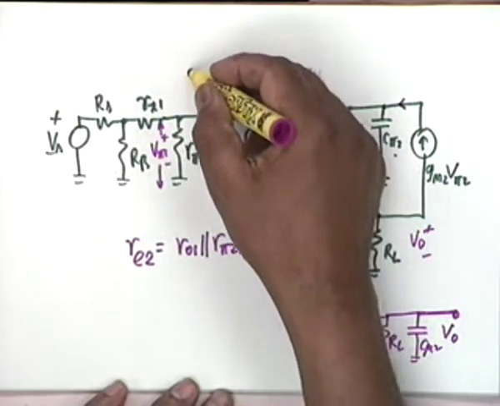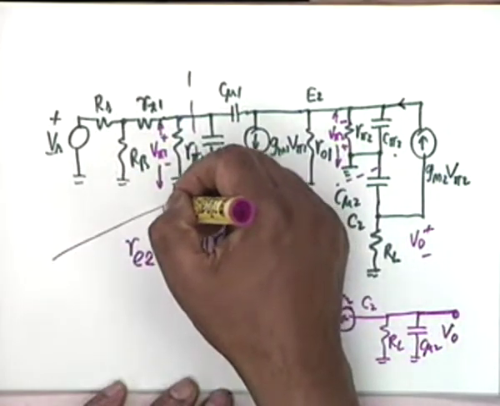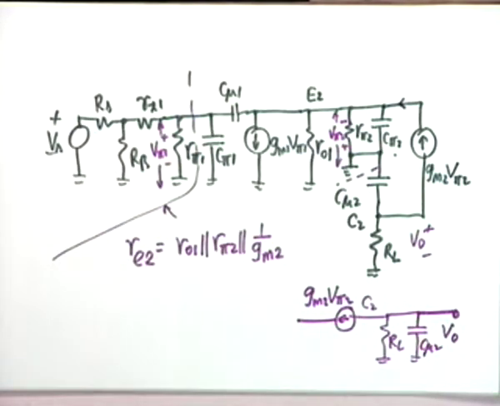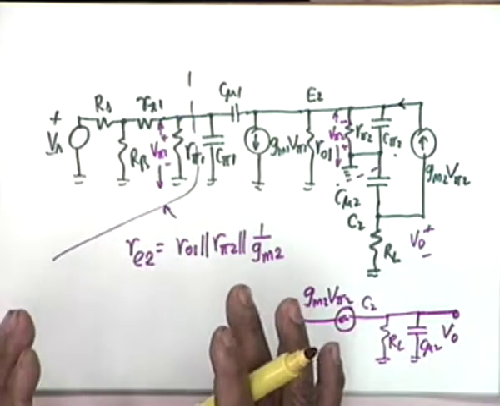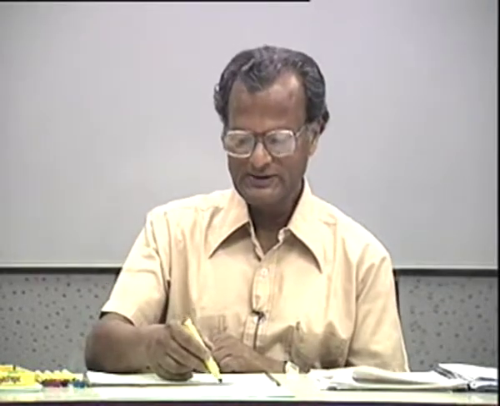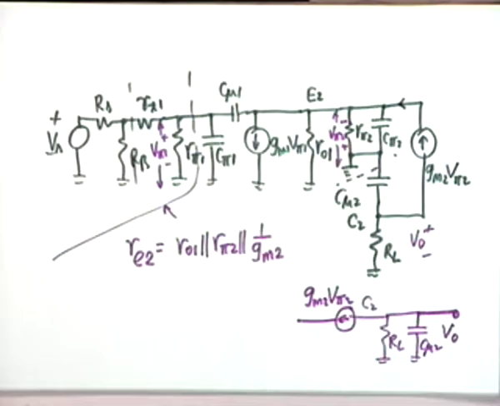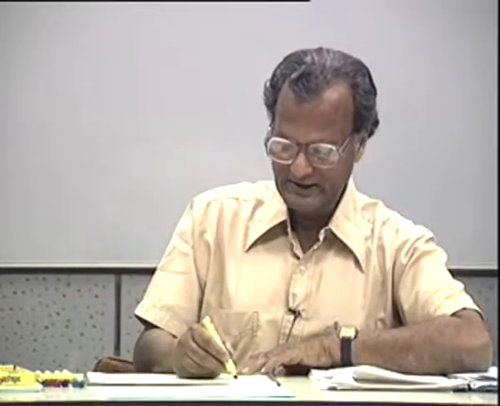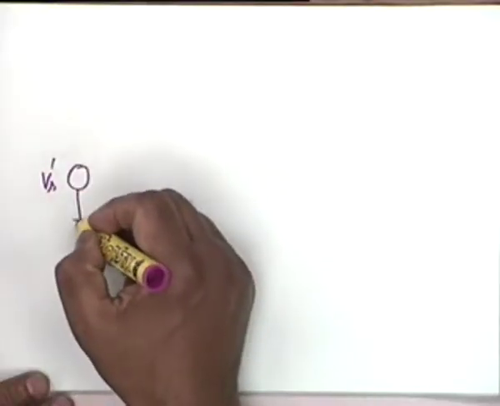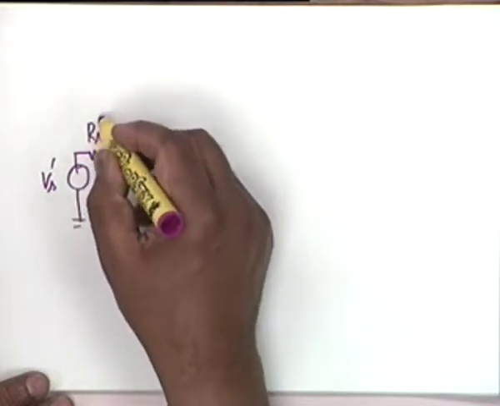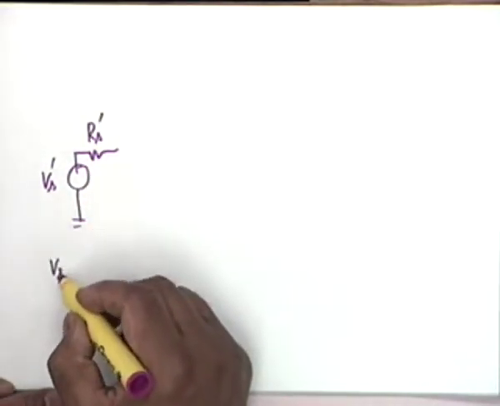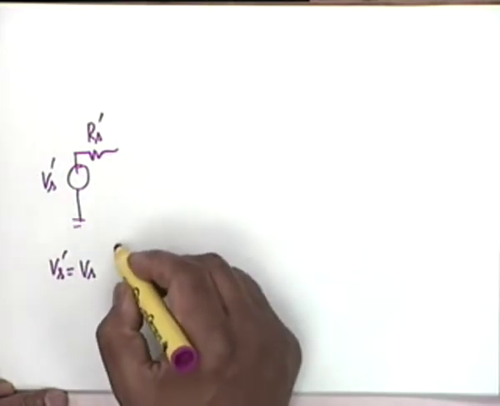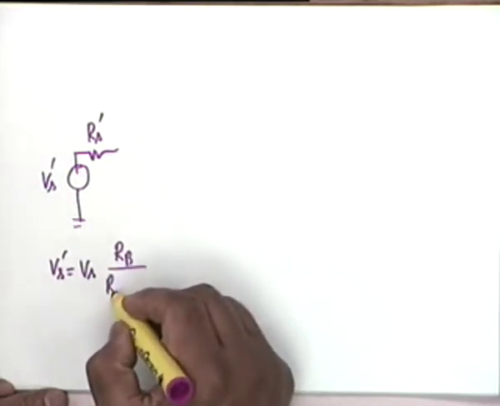The third simplification that we do is to apply Thevenin's theorem to the left of this. Now, I do this in two steps obviously, first across Rb, then across R pi 1. If I do this and take account of these two simplifications, then the equivalent circuit becomes as follows. I get a Vs prime in series with Rs prime, and it's very easy to see that Vs prime would be equal to Vs Rb divided by Rs plus Rb.